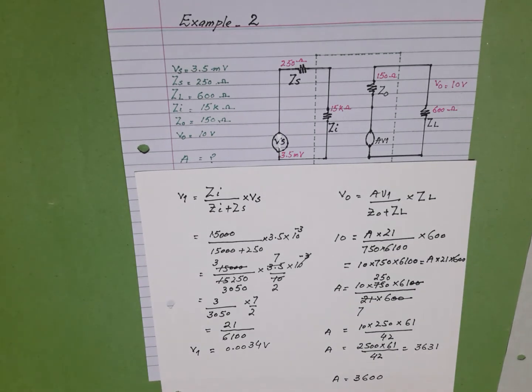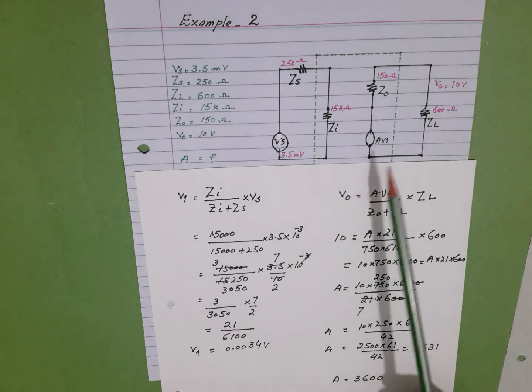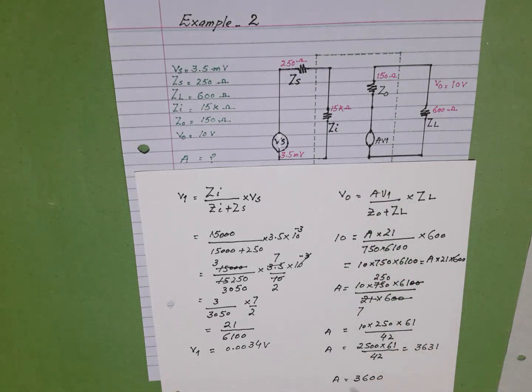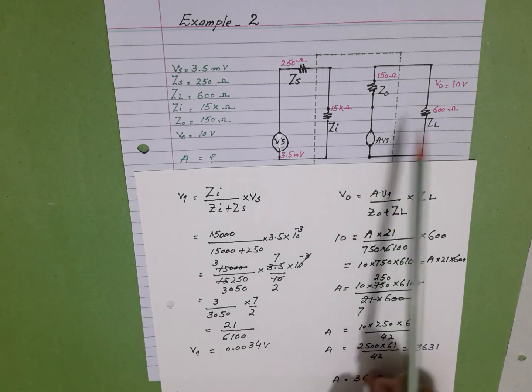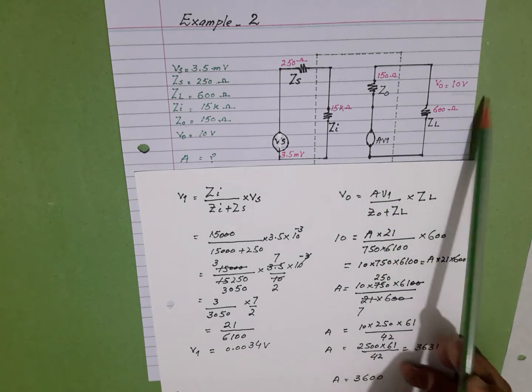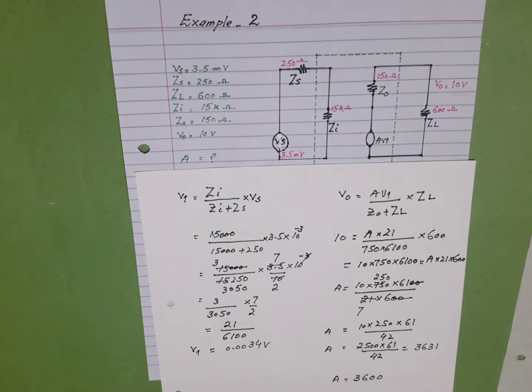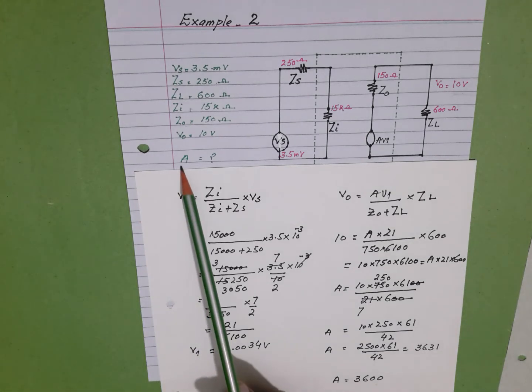We have calculated the gain of this amplifier. If we use an op-amp with a gain of 3600, it is going to amplify 3.5 millivolt to 10 volt in the output. All specifications were given, but A was not given.